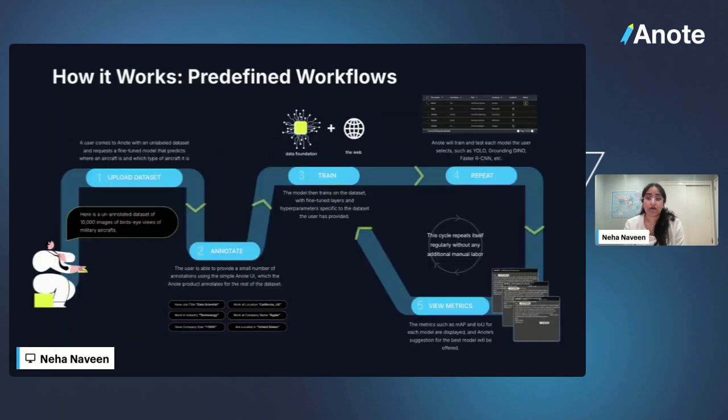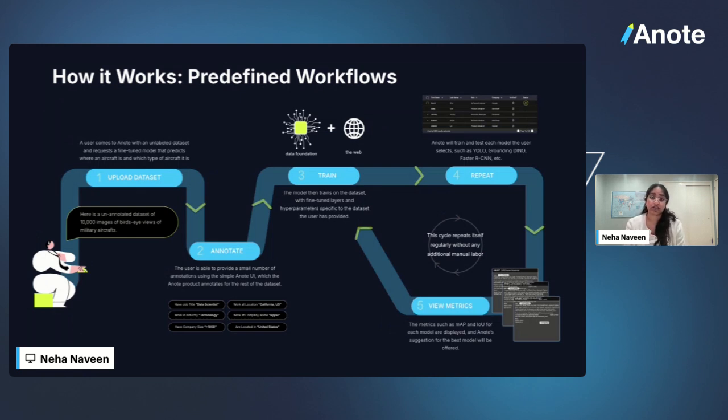This is how the workflow is supposed to work. In the beginning, the user asks for a model that gives very good precision and recall and other metrics. That is the goal this person is trying to achieve.